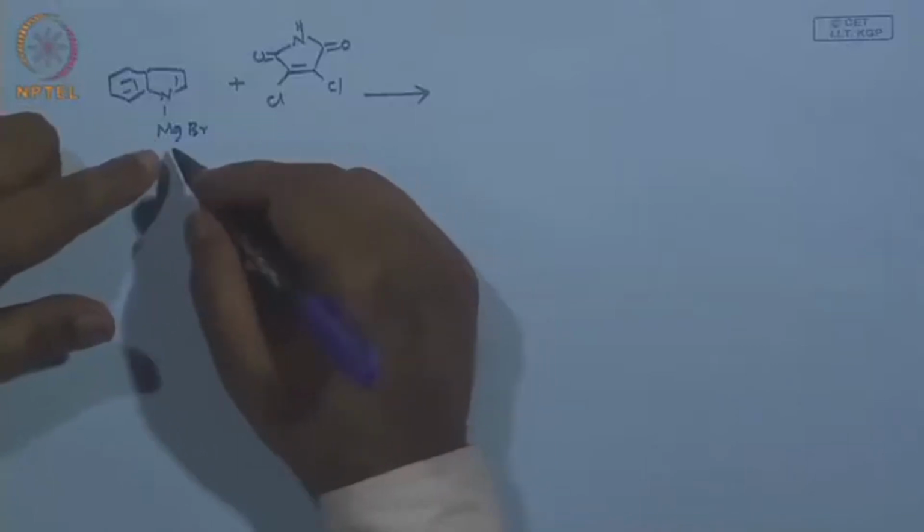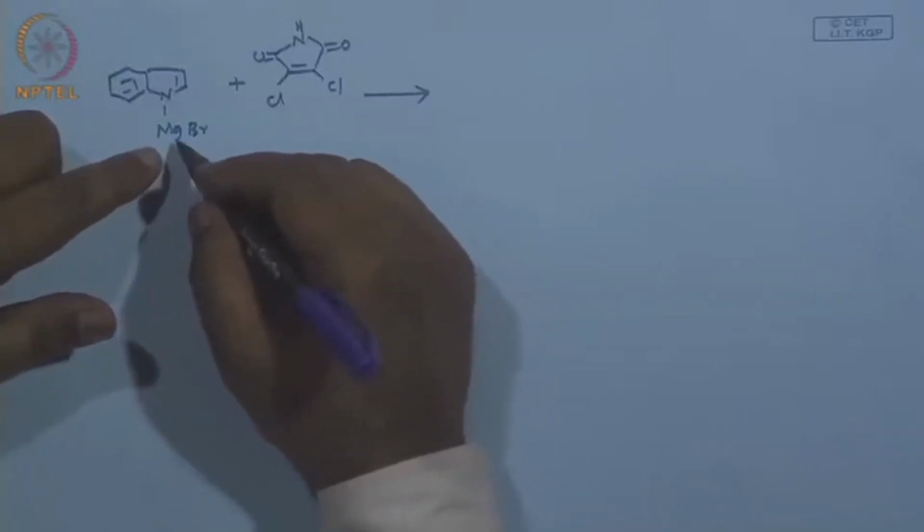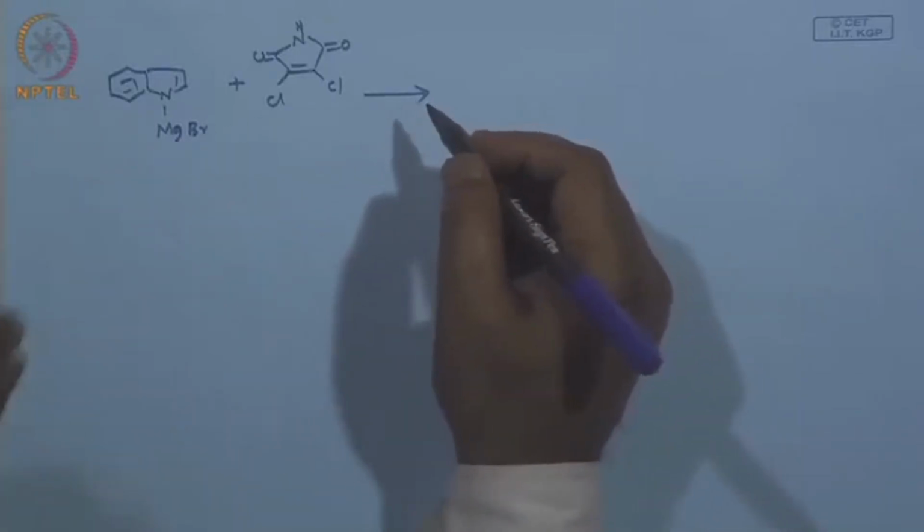In any case, in this case, by virtue of having the metal magnesium, it itself is quite less reactive. That means nucleophilic addition is not taking place; an addition and elimination reaction takes place at the site of the chlorine.